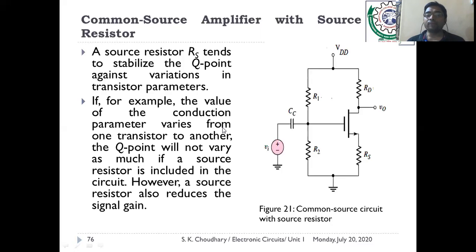This kind of variation would finally be responsible for Q point variation. If you add the source resistor in the common source circuit, it would minimize the variation of the Q point, but at the sacrifice of the voltage gain, meaning your voltage gain would also decrease.